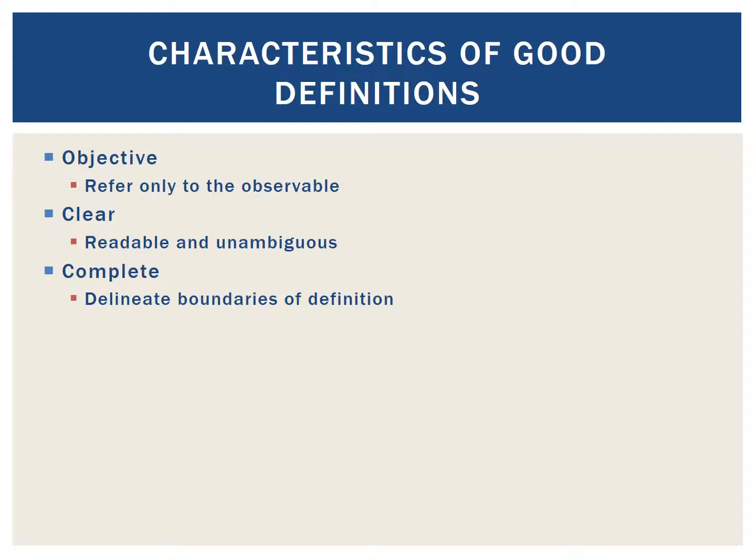So it's things that the person's actually doing. So when I look at your definitions in your method sections, I'm going to look for clear definitions. They're readable, they're not ambiguous, they're complete, they define the boundaries. And again, examples and non-examples are useful in some situations. Focus on topography or function, and sometimes you pull in a little bit of both, and refer to observable behavior.